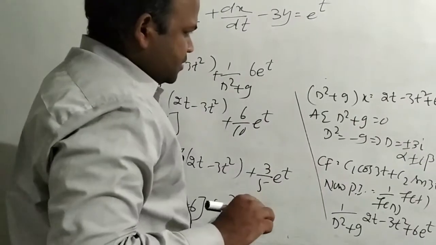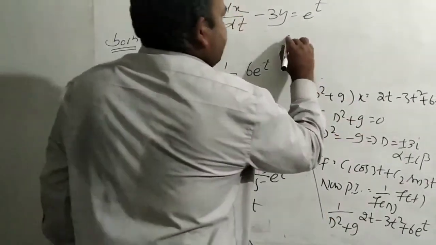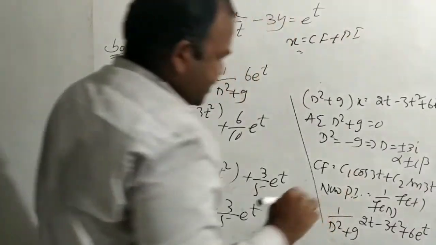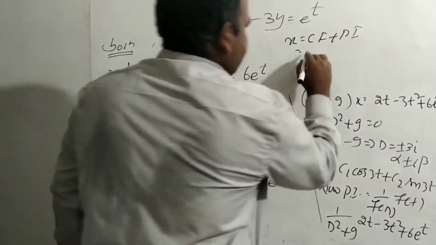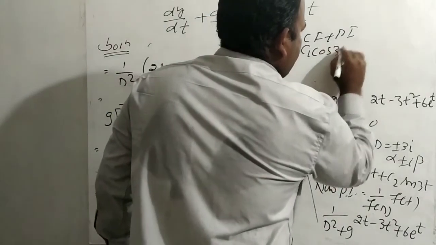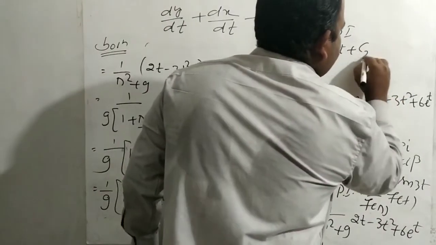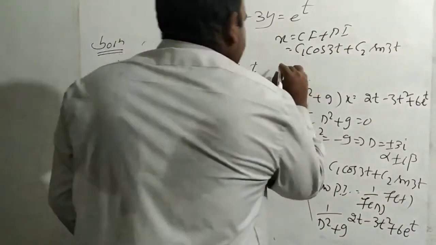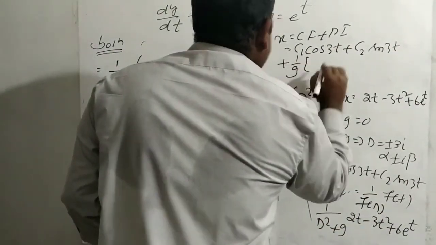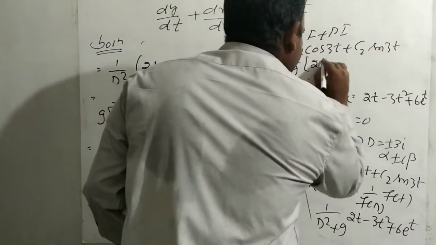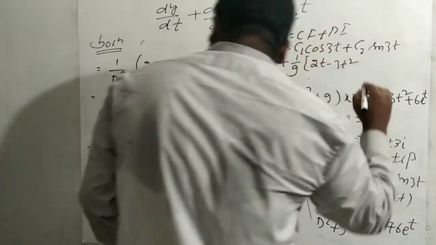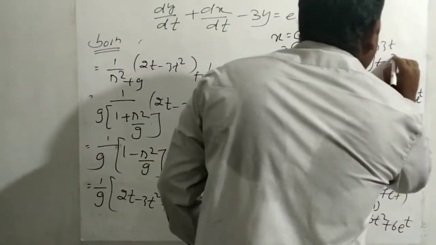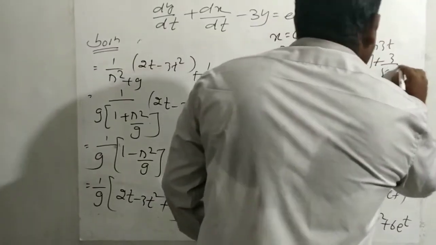So the solution for x equals CF plus PI. CF equals C1 cos 3t plus C2 sin 3t, and PI is plus 1 upon 9 times (2t minus 3t square plus 6 plus 3 upon 5 e raised to t).